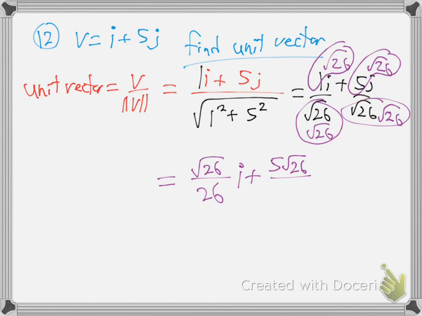The bottom, root 26 is plain 26j. There we go. That's the unit vector. That's a vector of length 1 in the same direction. Because we took the original and we divided by its length. So when you divide by the length, it's only 1 now. Length of 1. Good? It's making sense? Making unit vectors?